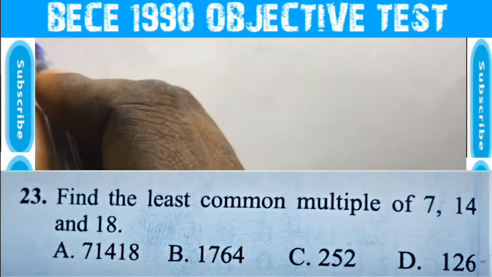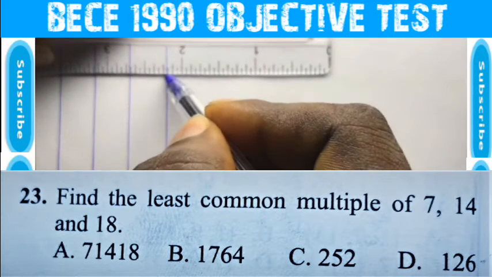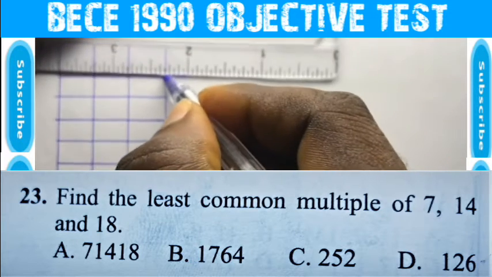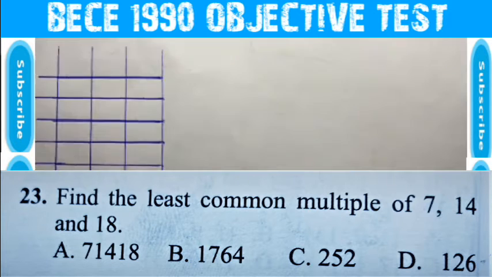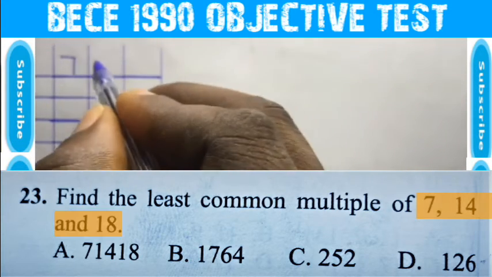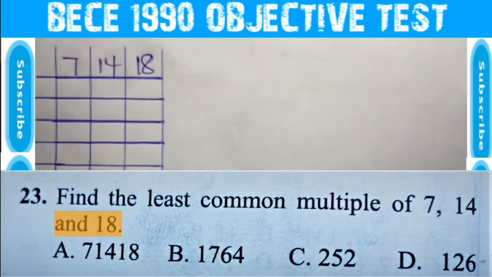So let's write down the numbers that we are finding their LCM. We have 7, 14, and then 18.